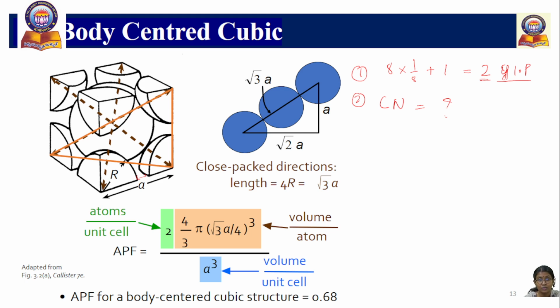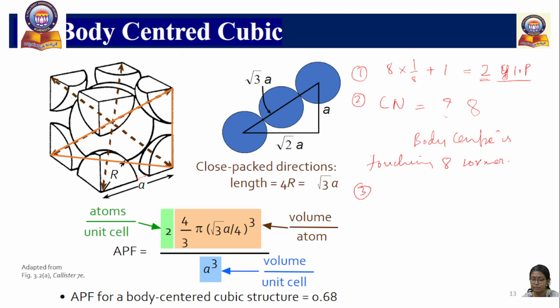So how many corners? 8 corners. So every body center is touching how many corners? 8. So the coordination number is very simple in this case, 8, because every body center atom or lattice point is touching 8 corners.